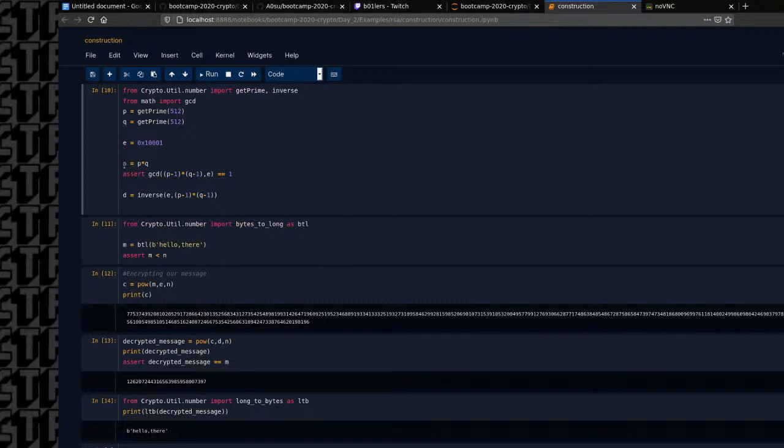So then to calculate our modulus, it's just a multiplication of the 2 primes. Then I just check here that phi of n. So one thing to note here is that the function phi, or the totient of n, when we calculate it for a prime number, it's going to only be the prime minus 1, which is a property of the function, as well as the function is what we would call multiplicative.